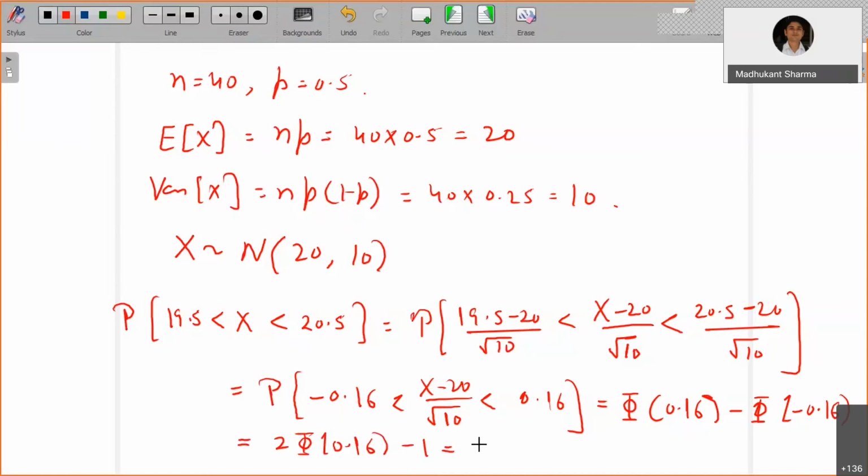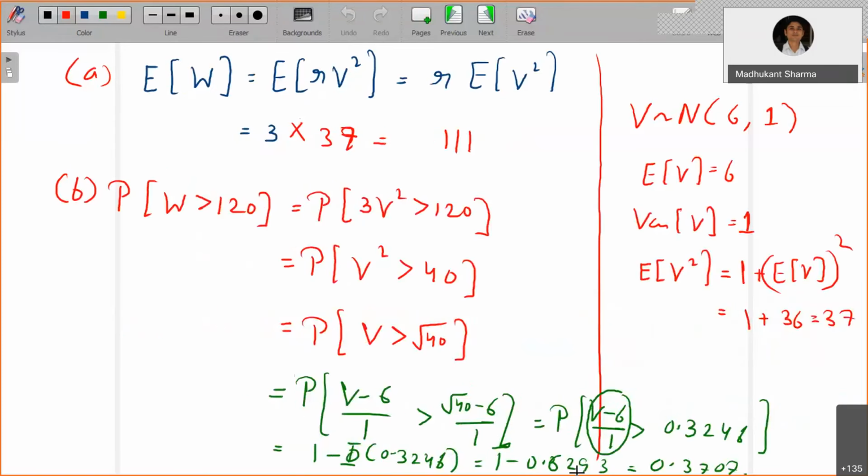You can use the standard normal table here: 0.1, the second row, and sixth column. So Phi of 0.16 is 0.5636.